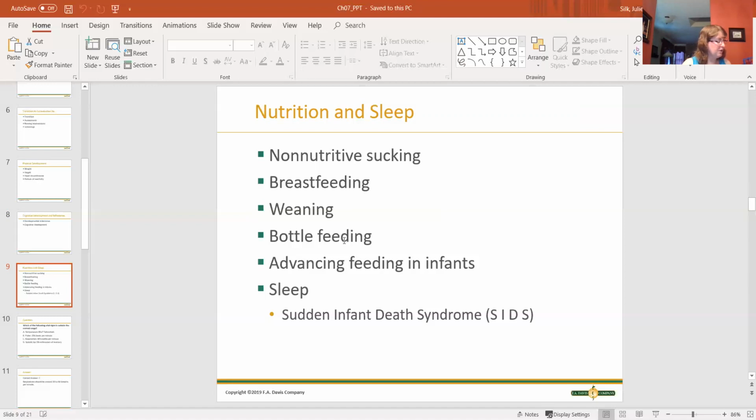You have to make sure that you wash the bottles and the nipples, and use a dishwasher or boil all bottles, rings, and nipples so that they get clean. When you are giving a bottle to a baby, you never want to prop a bottle because this can cause choking.